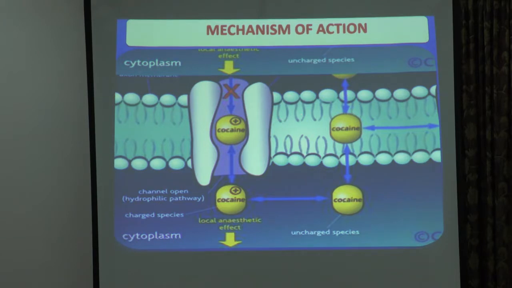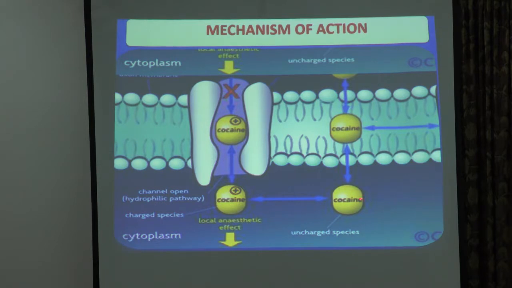You expect it to cross it. As we said earlier, you need it to be in the unionized form or the lipid soluble form so that it can cross the lipid bilayer. So if you look at these two, the same cocaine, this is uncharged, this is charged. So this is what will cross the membrane.